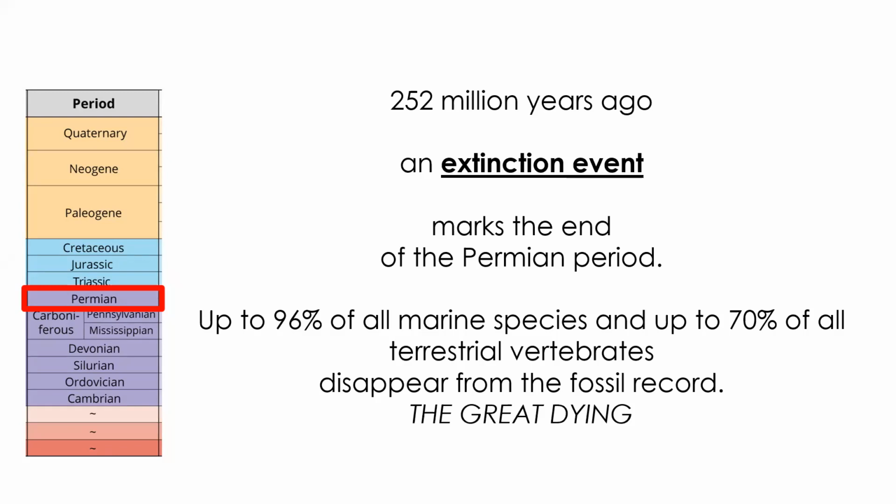There's an area in Siberia known as the Siberian Traps. I want you to imagine a volcanic province the size of probably New Jersey. Just imagine a volcanic fissure the size of New Jersey, just constantly erupting and sending gases into the air and ash.